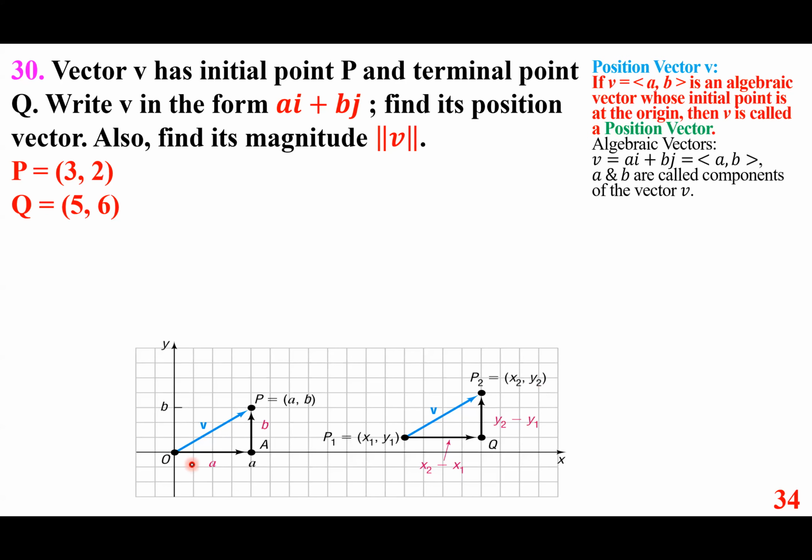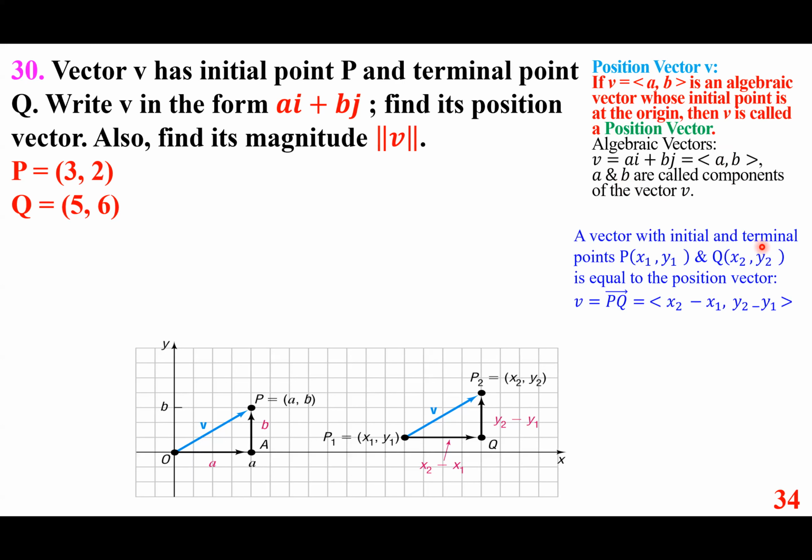So if V is the vector ab, an algebraic vector whose initial point is at the origin, and that's the key, then V is called the position vector. Algebraic vectors are represented as ai plus bj, or vector brackets a comma b. A and b are called components of the vector.